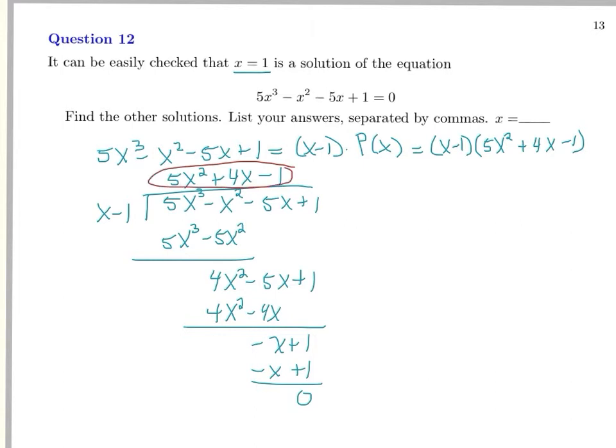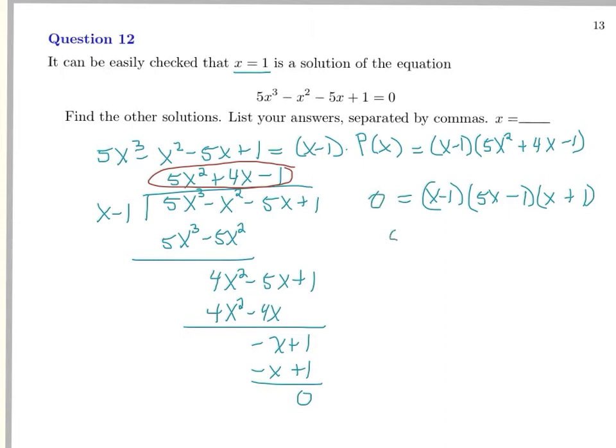Now that's a quadratic, so I ought to be able to factor that, hopefully. So let's see, 5x times x gives me 5x squared, and then 1 is 1 times 1, and if I put a plus here and a minus there, I think that's it. Okay, so that's supposed to equal 0, right?